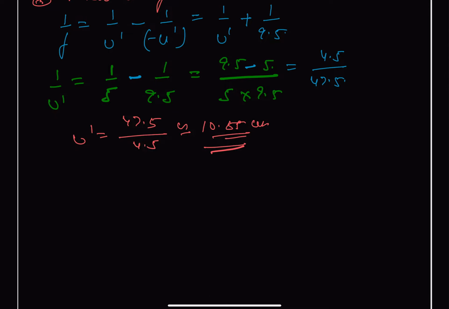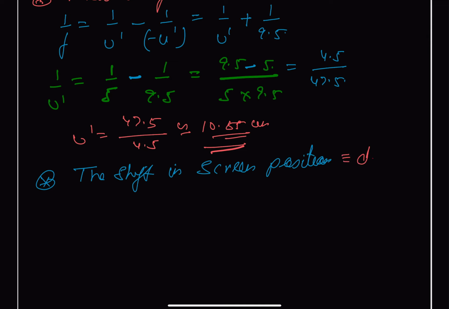Okay, therefore we can say that the shift in the screen position, if given as d, then this d will be equal to 10.55 minus 10, and this comes as 0.55 centimeters.